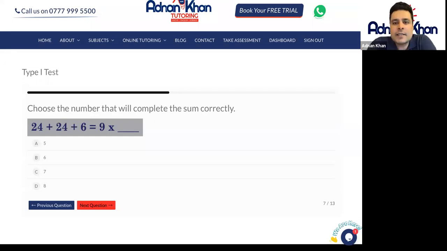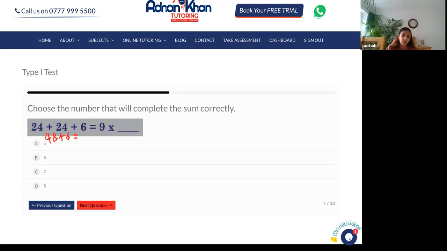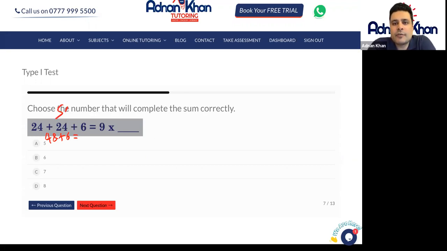Okay, so 48 add the next number, which is 6. 54. Yes, that's very good. Well done. So let's put down 54 here on the left. So we now know that the equation on the left-hand side, 48 add 6 comes to 54.